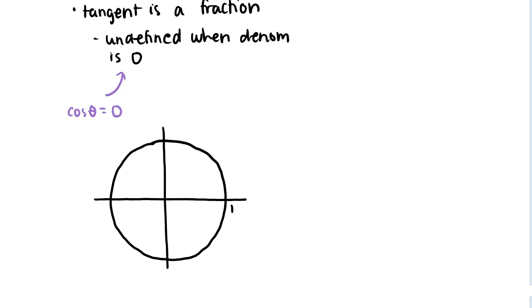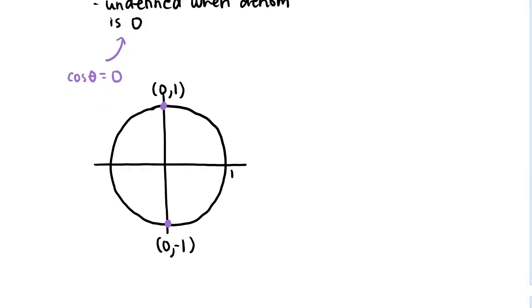That happens exactly here and here. This is the point (0, 1), and this is the point (0, -1). Because cosine of theta is exactly this x value, these are the points corresponding to when cosine of theta is equal to 0.